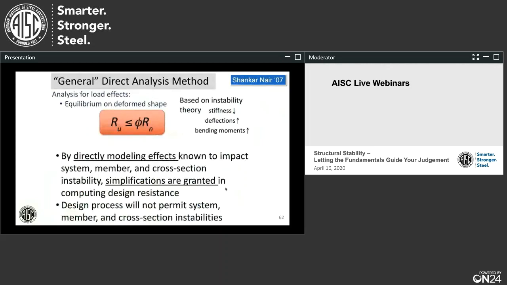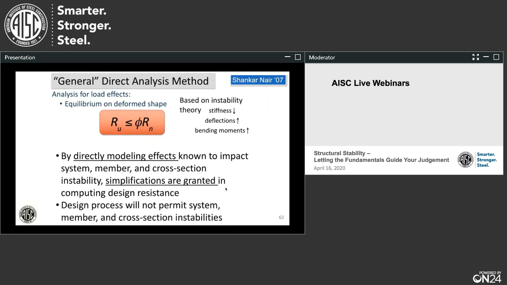All right, let's switch then to the direct analysis method. We worked in a group, I would say probably starting in 1999 through 2004, when we finally went forward with it. One of our chairs was Shankar Nair. Shankar won the Higgins Award in 2007, where he actually presented on the direct analysis method.